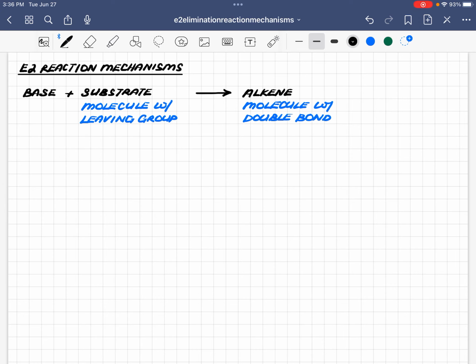We call an E2 reaction a bimolecular elimination reaction.